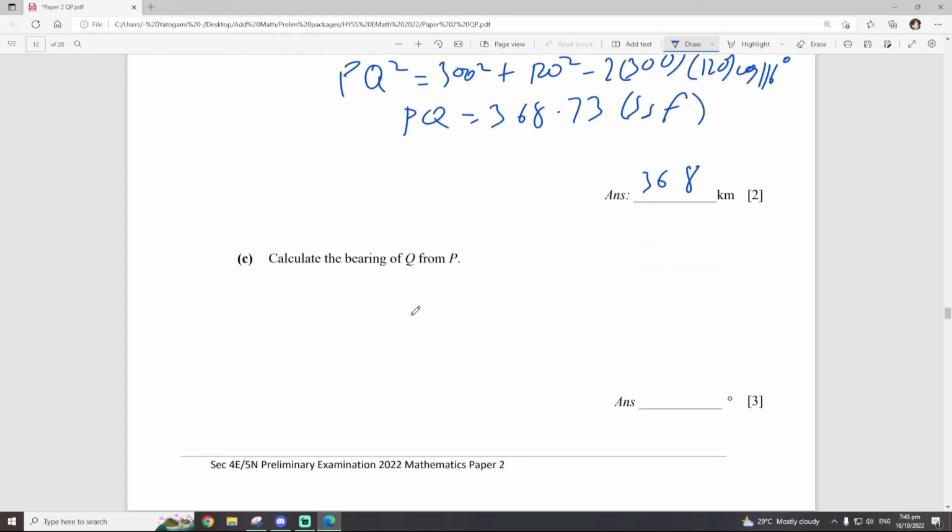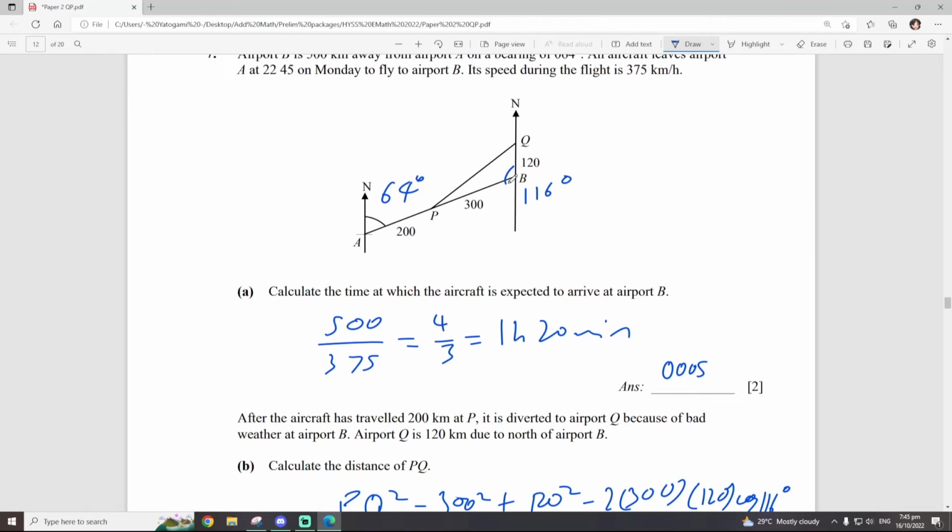Calculate the bearing of Q from P. Okay, so Q from P means that we draw the north line here, and we want this angle. Remember bearing, if it's less than 100 degrees, we need to put the 0 in front. How to calculate this angle?